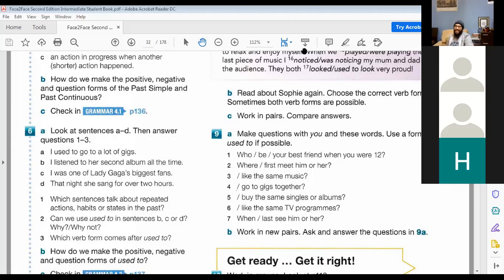Think of it like this. Here there is 2 slash. That's why: who used to be your friend when you were 12. It's okay. Because another way we can use used to, remember that used to is something that was true in the past and it's not anymore, right?